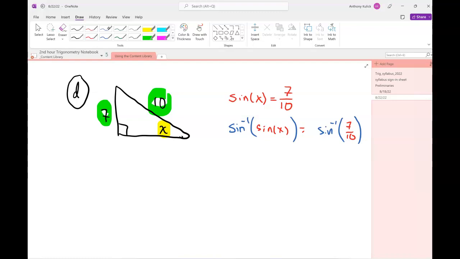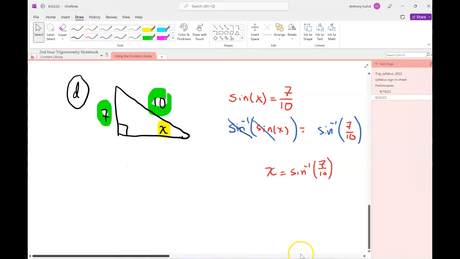Why did I do this? Because sine inverse cancels the sine, and that's going to get the x by itself. Does everybody feel still doing okay?